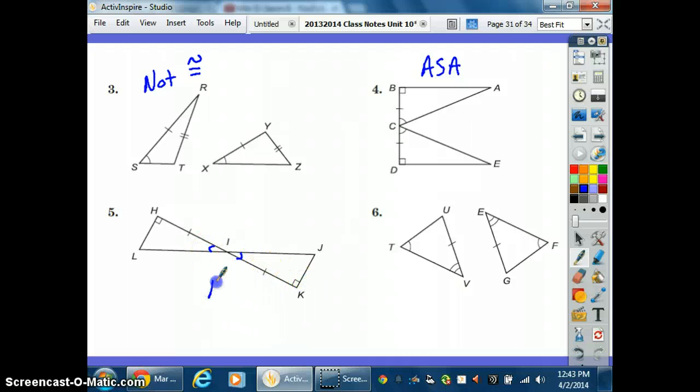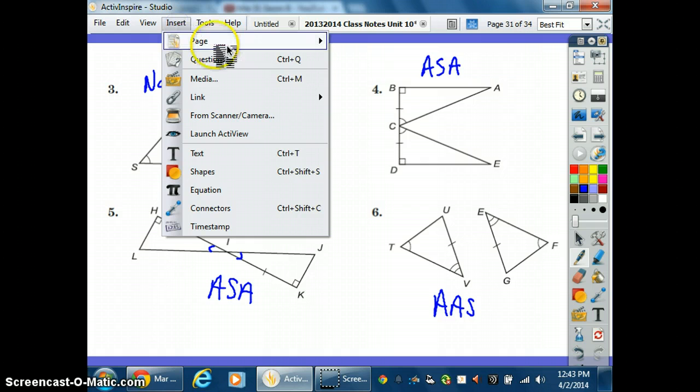ASA. And the last one. Angle, angle, side. The side is not in between. So this is angle, angle, side.